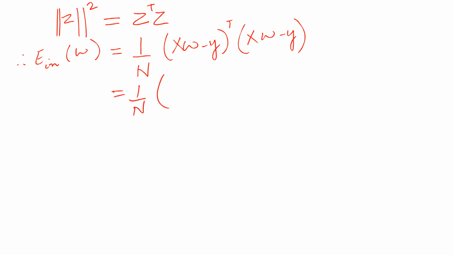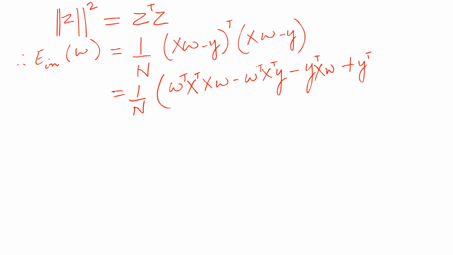Leave the 1 over n here, and let me just multiply these. This is going to be w transpose x transpose xw, minus w transpose x transpose y, minus y transpose xw, plus y transpose y. Let me quickly give it a look. Yeah, looks good to me.